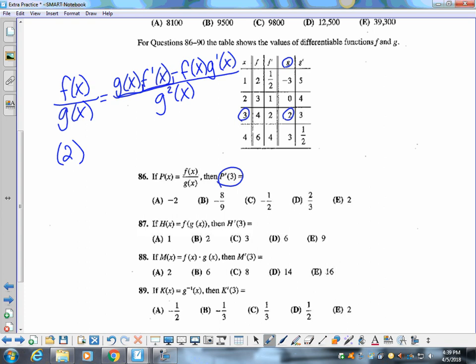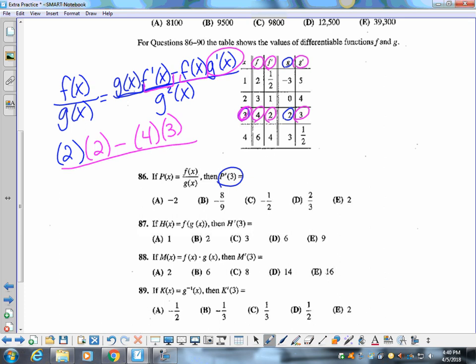Now I need f prime of 3. F prime of 3 is 2. Now I need f of 3. F of 3 is 4. And now I need g prime of 3, which is 3.